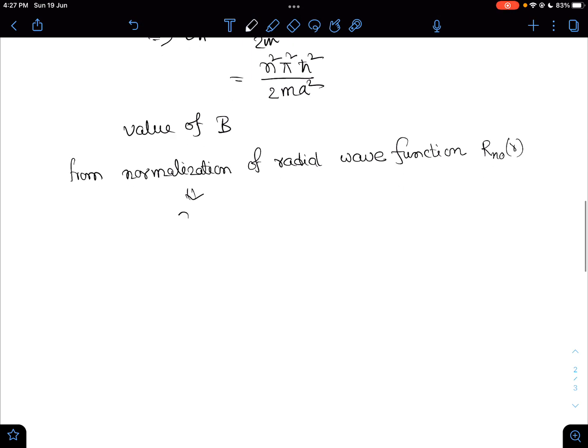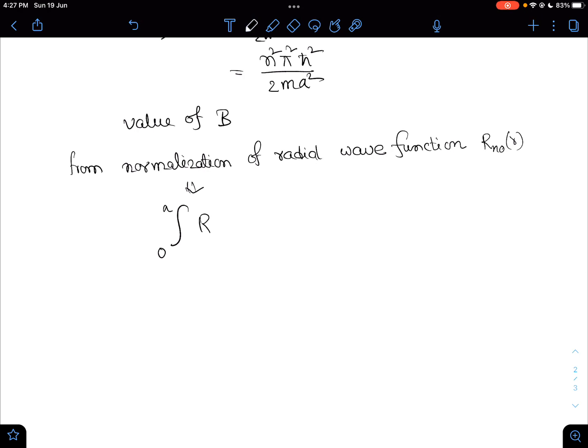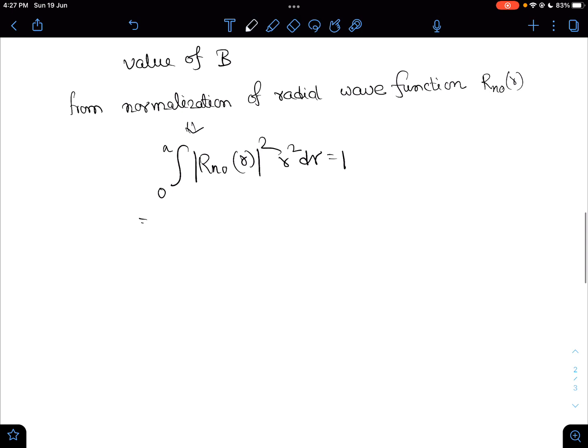we are taking r from 0 to a, the integral of Rn0(r) squared times r squared dr, and that must be 1. So that will lead to b squared, integral from 0 to a of 1 by r squared sine squared(knr) multiplied with r squared dr, and that should be 1.